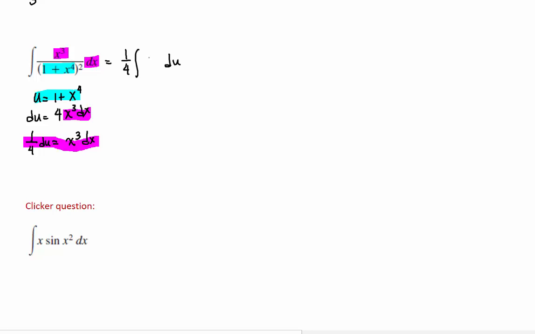Maybe I gave myself too little room there, so let's increase the room. And now I have, what do I have? Well, I'm left with the fraction 1 over u squared. So you can treat that as u to -2 and use your power rule as before.